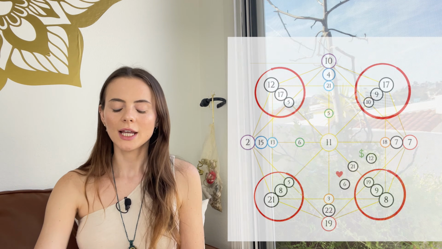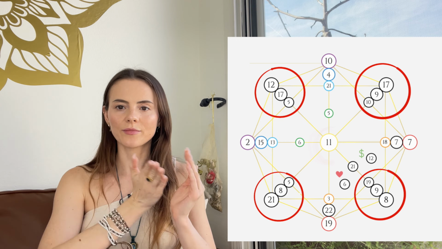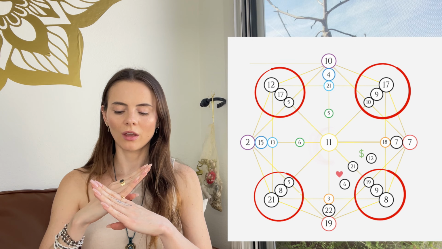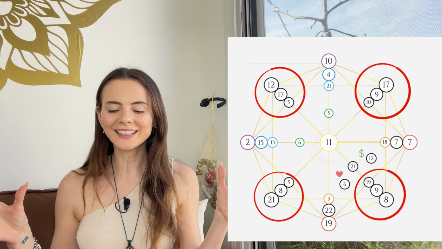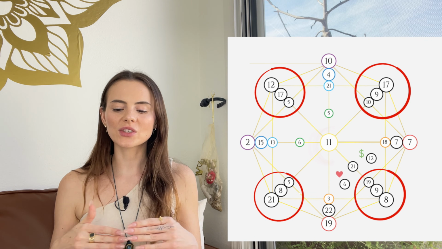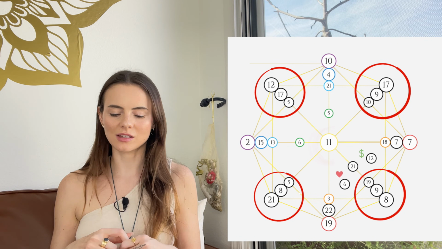But if you want to know what the numbers in the black circles are, the ones that we didn't talk about, those are numbers that represent your ancestors.